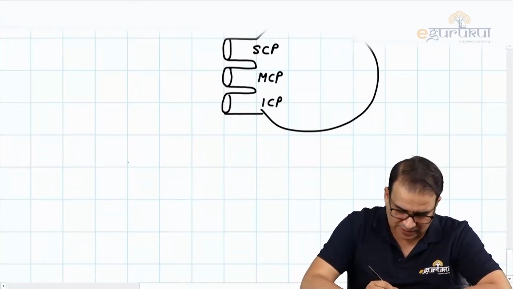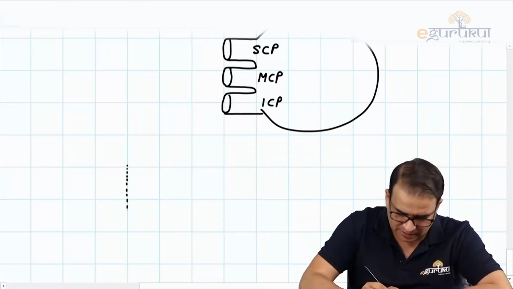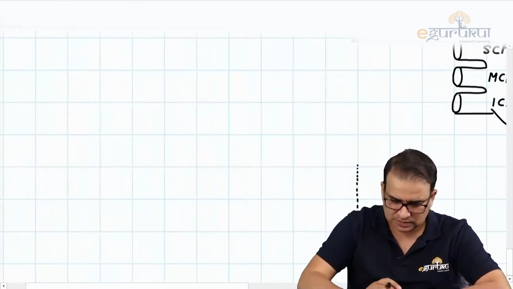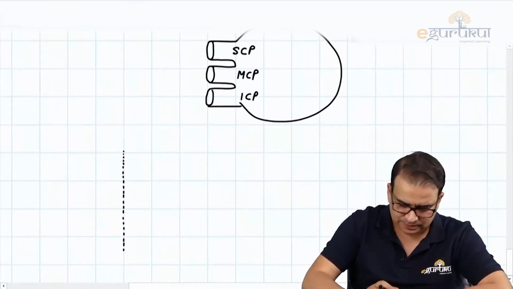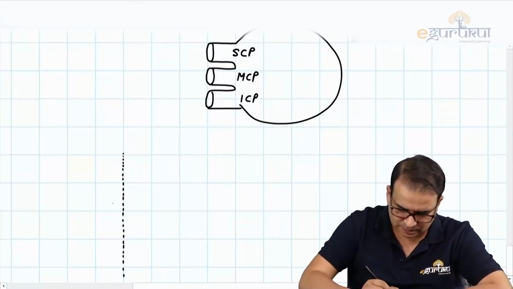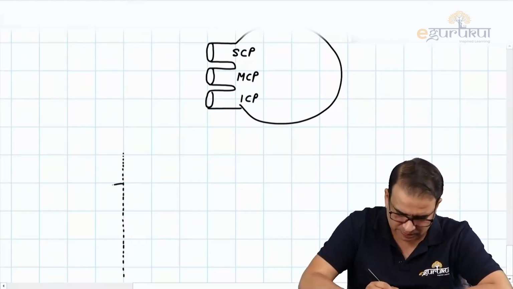Now, once again, let's put a midline here in the lower part only. We should draw it slightly below, and this here again is the spinal cord.